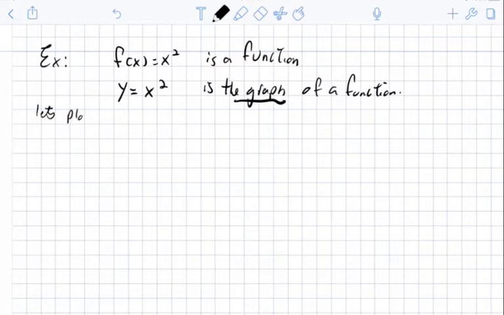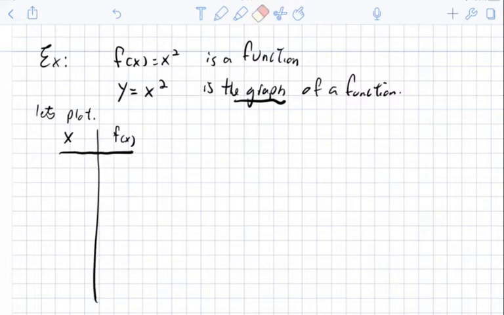How do you plot a function? We're going to get into some advanced function plotting techniques in the future, but one way to do it is just to consider all of the x and f of x values. So I've been given the function here, and I can just use this algebraic expression to figure out pairs of inputs and outputs.